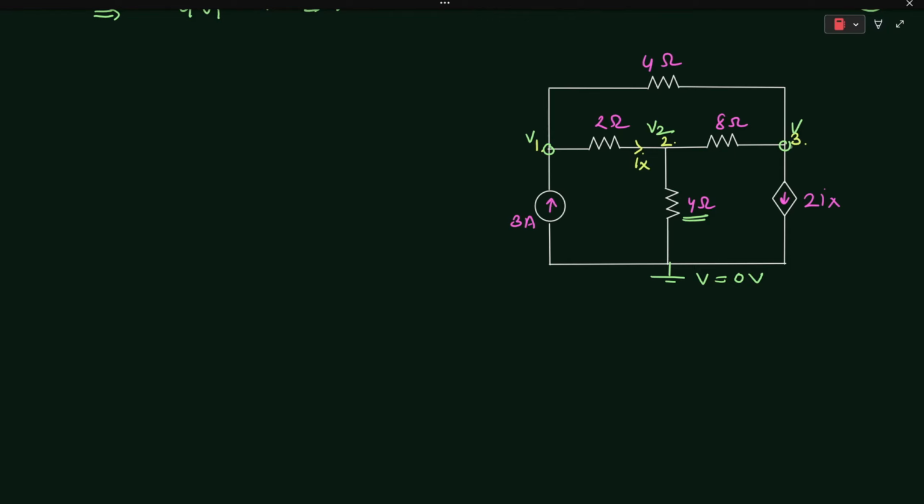Similarly, on applying KCL at node 3, we can say that 2Ix will be equal to the sum of the currents flowing from the 8 ohm resistor, which is (V2 minus V3) upon 8, plus the current flowing from the 4 ohm resistor, which is equal to (V1 minus V3) upon 4.